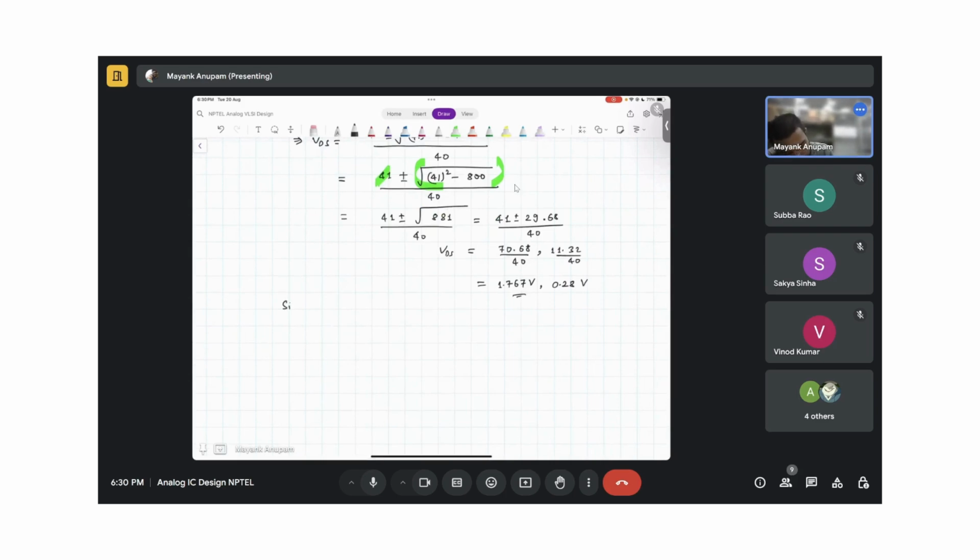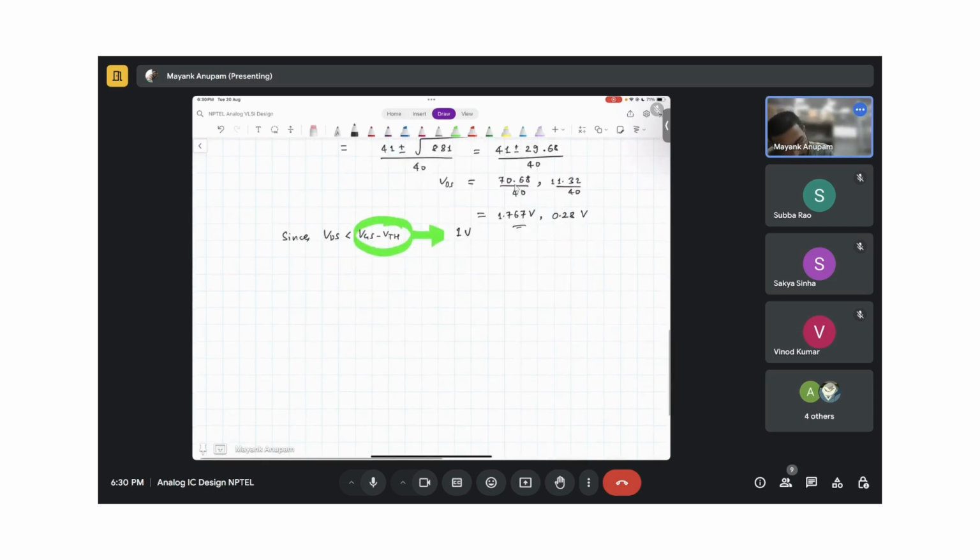Since VDS is less than VGS minus VTH, what is the value of VGS minus VTH? It is 1 volt, right? Hence VDS should be equal to 0.28, because 1.767 volts is definitely greater than 1 volt.